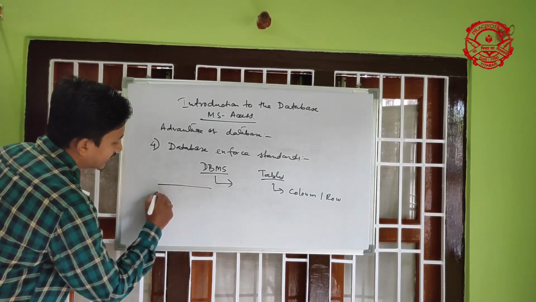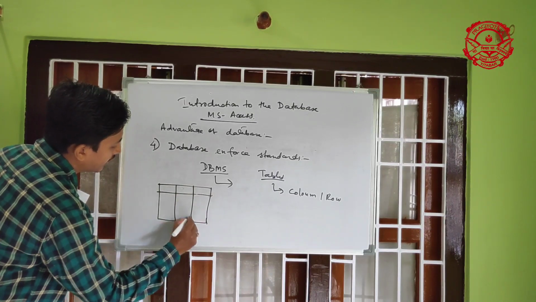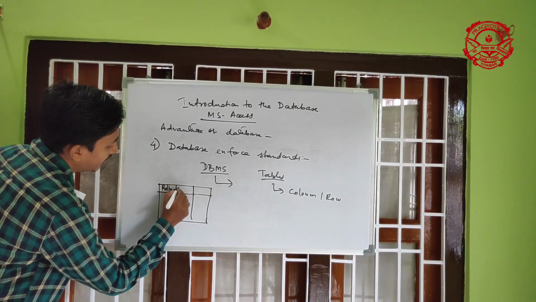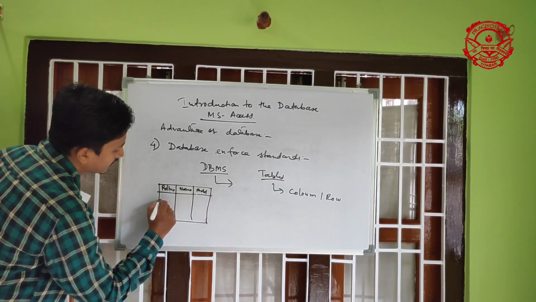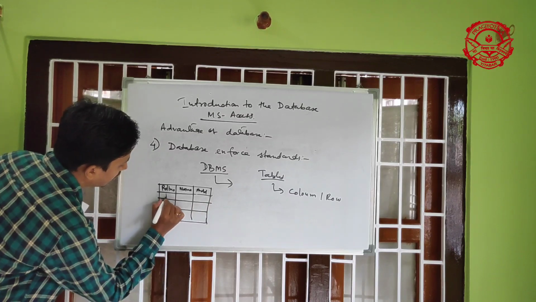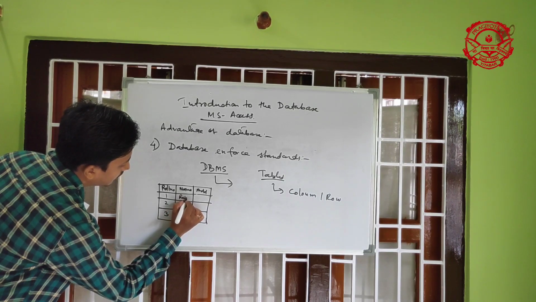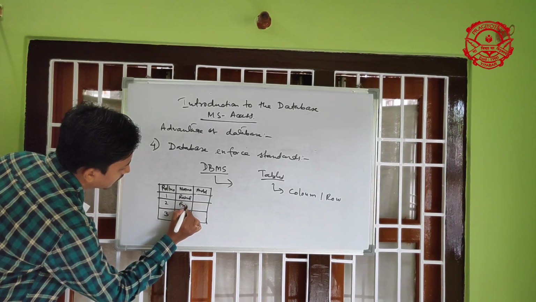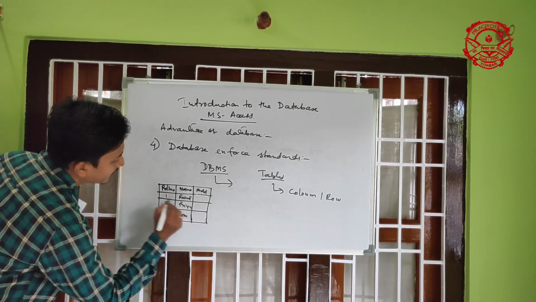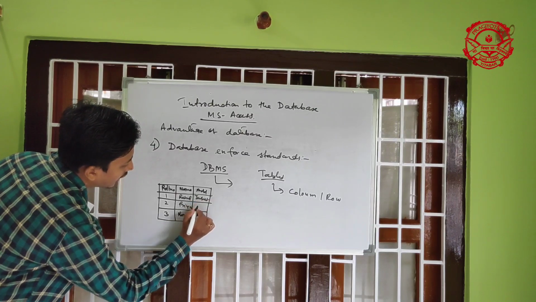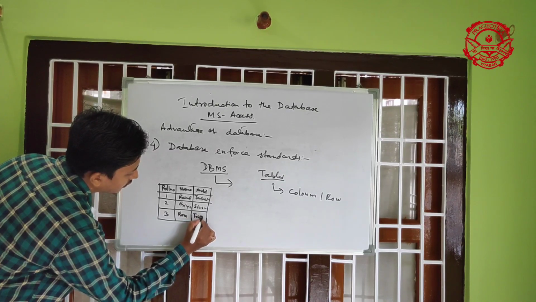For example, this is the table of students. This is the roll number, name and address. Roll numbers 1, 2, 3; names Rahul, Priya and Ram; addresses Jorhat, Sibsagar, Tezpur.